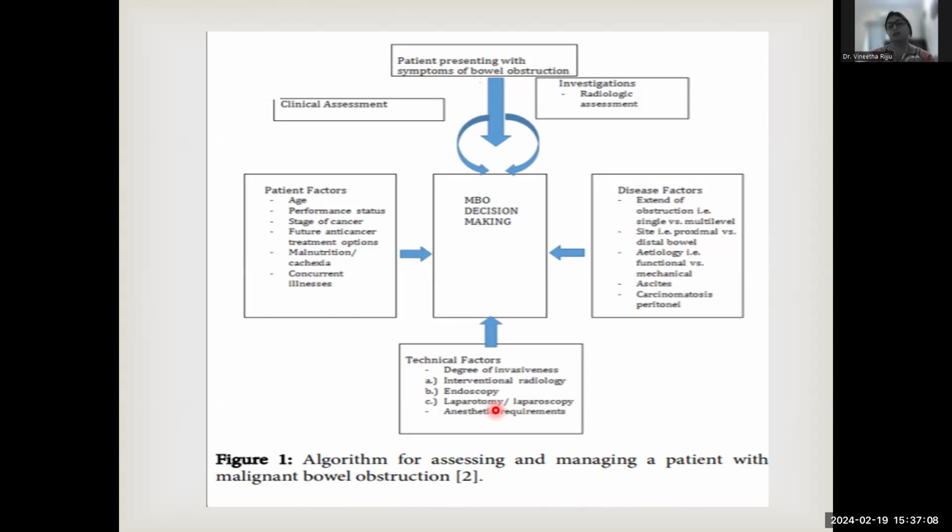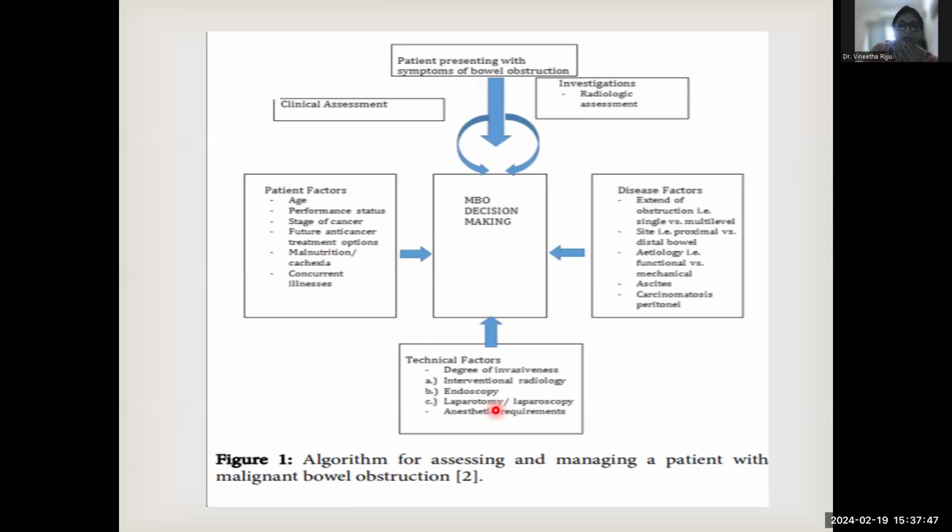And carcinomatosis peritonei is nothing but a sheet-like structure which is surrounding all the organs in the abdomen, and this is called the peritoneum. And when it is studded with multiple small tumor masses all around it, we call it carcinomatosis peritonei. So if there is carcinomatosis peritonei, again it is a bad sign.